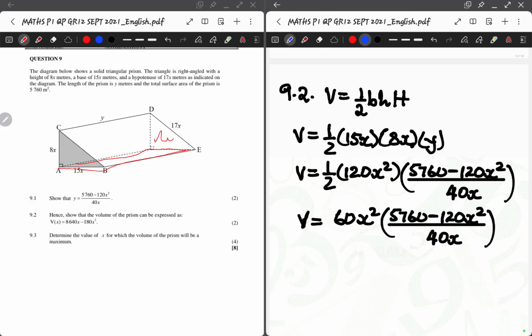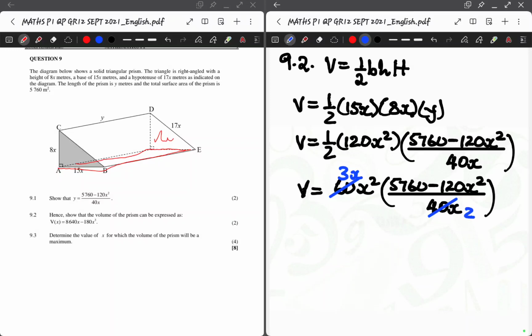We cross cancel, and that will be 2 over 3x.